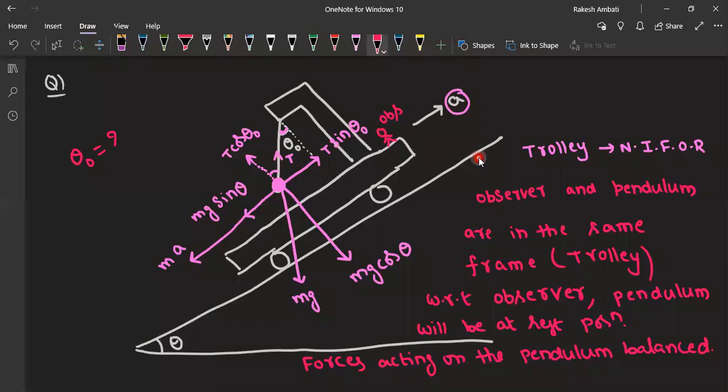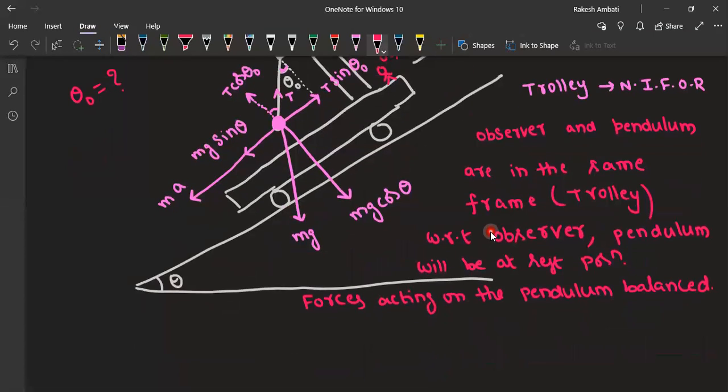The forces acting on the pendulum are balanced, which means T sin theta naught is balanced by mg sin theta plus ma. So the first set of balanced forces: T sin theta naught is balanced by mg sin theta plus ma, where ma is the pseudo force.